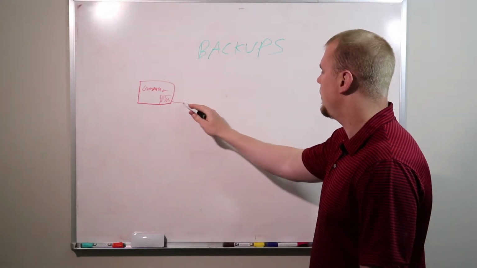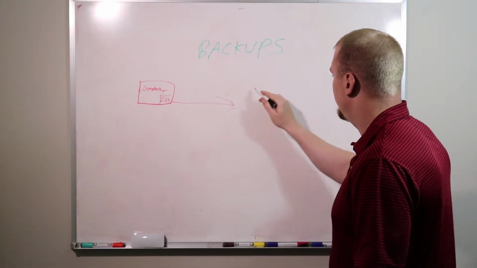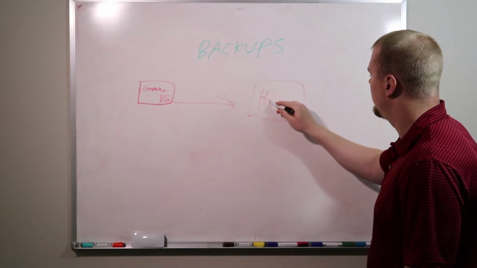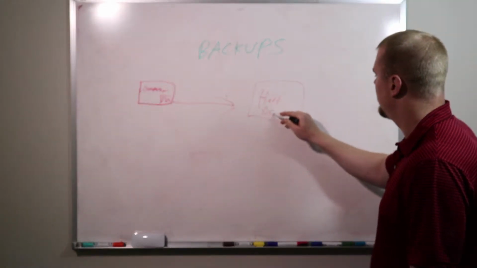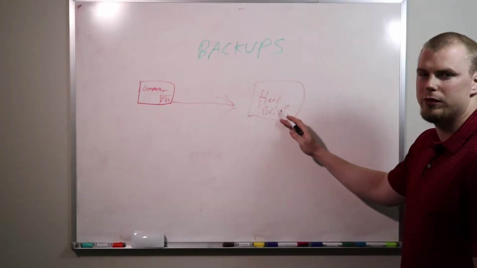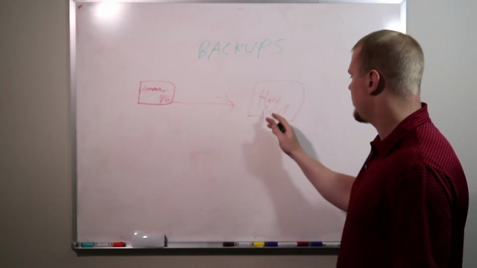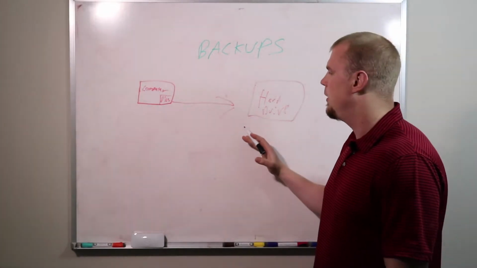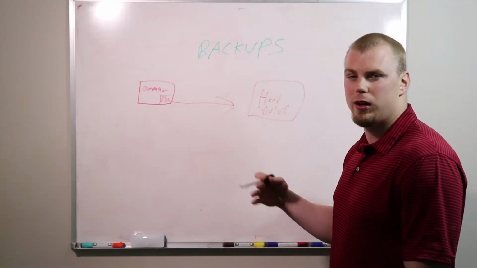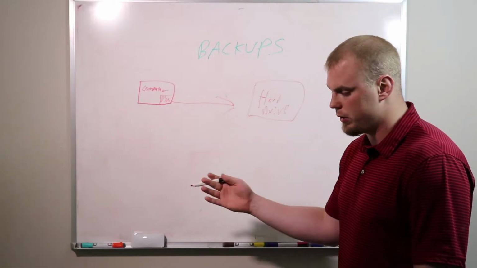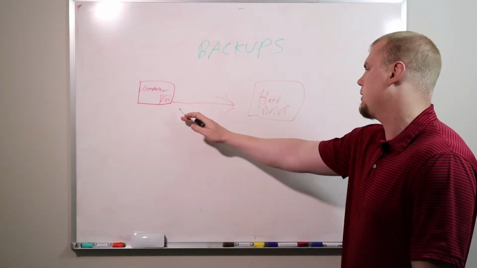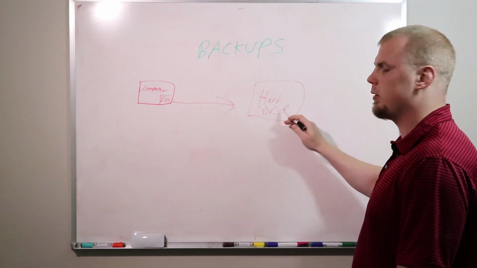And then this backup client backs up to an external hard drive that you have, and this external hard drive is just plugged in all the time, and you have this backup client set up so that every so often, like daily or hourly or whatever, it just automatically sends your stuff from your computer over to this hard drive.